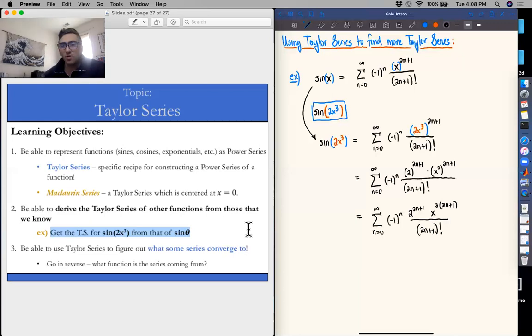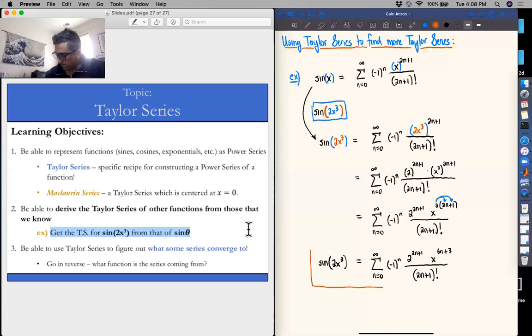And while you might see where I'm going with this, we can then distribute this 3 into that 2n plus 1, and that'll be our last step. So we really have in that numerator x to the 6n plus 3 all over 2n plus 1 factorial, and that is our Taylor series for sine of 2x cubed centered at 0, or our Maclaurin series.